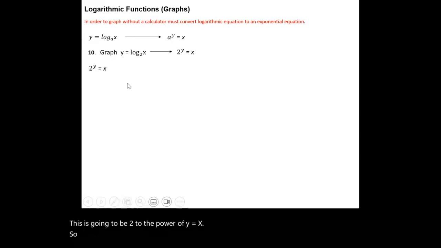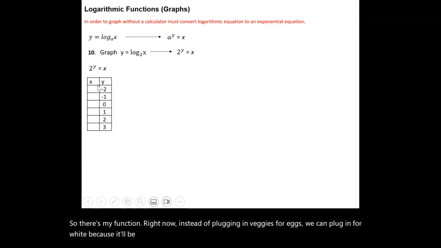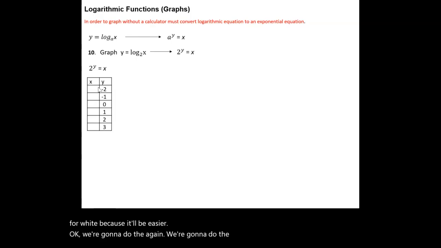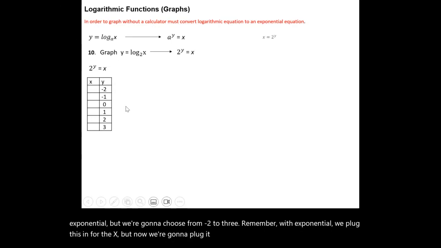So there's my function, right? Now, instead of plugging in values for x, we're going to plug in for y because it'll be easier. We're going to use the same values as what we chose for the exponential, from -2 to 3. Remember, with exponential, we plug this in for the x, but now we're going to plug it in for the y.